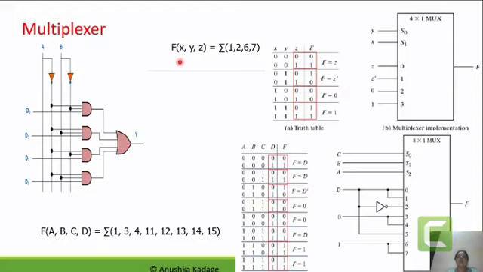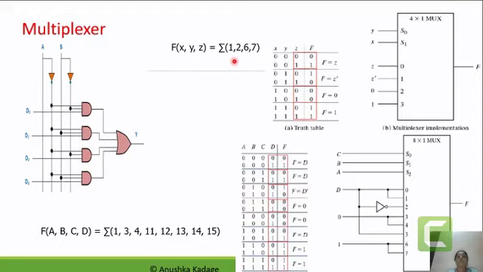As we have three input variables, the 4:1 mux is sufficient to implement this particular function. So we are going to choose the 4:1 mux for implementation of this given function.